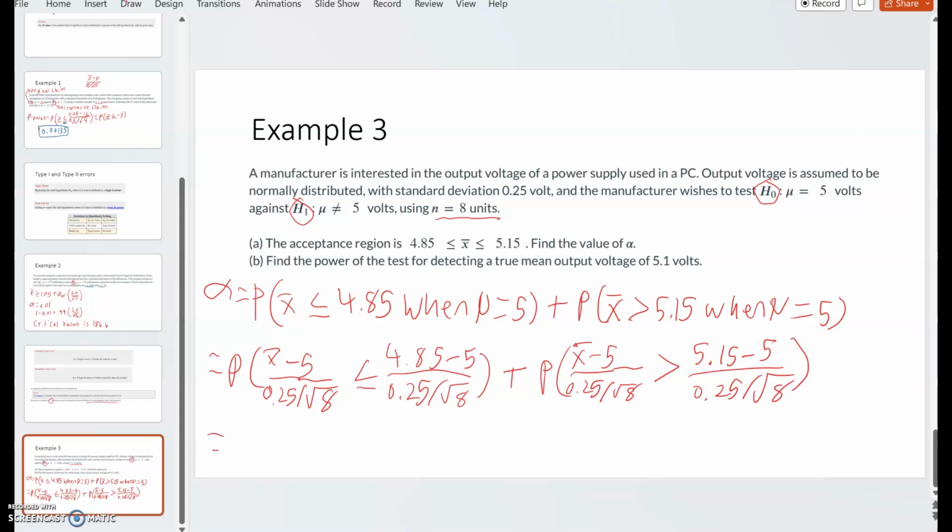And in doing so, essentially what we're going to get once we find our z is that z is going to be less than or equal to, let's go ahead and figure that out.